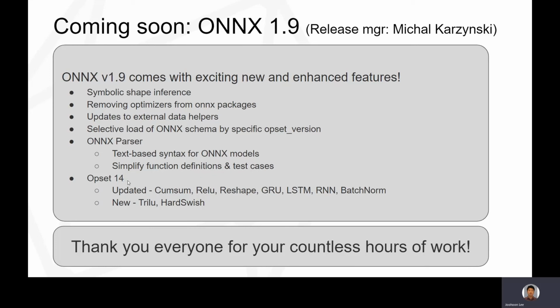And there's a new opset version 14. Some of these include updated ops, as well as two new ops. One is Trilu and then the HardSwish function. So thanks everyone for making all these contributions and making this next release happen.